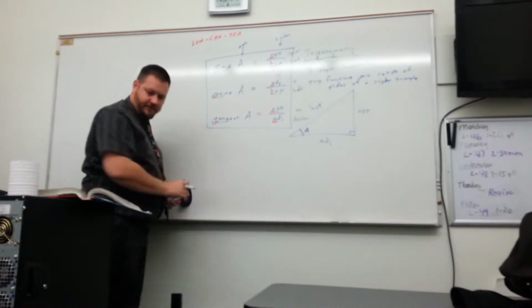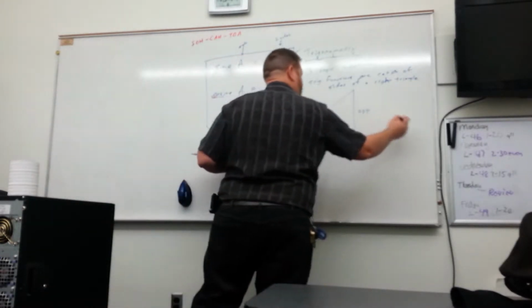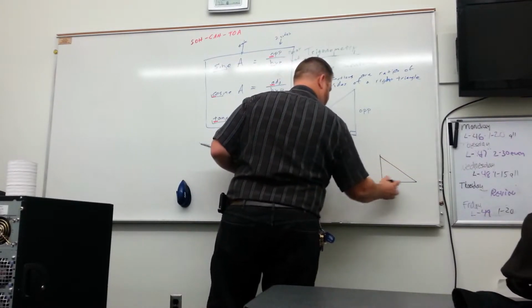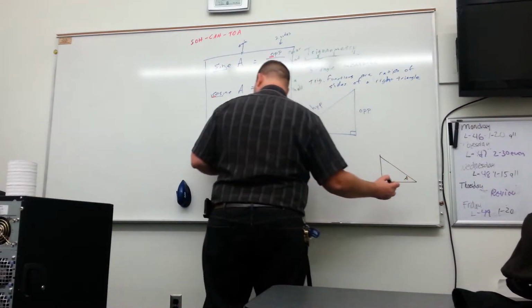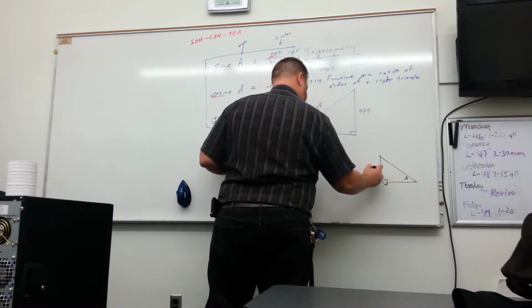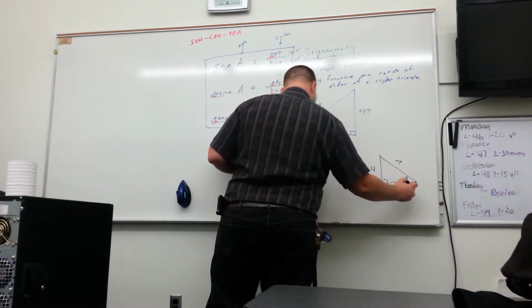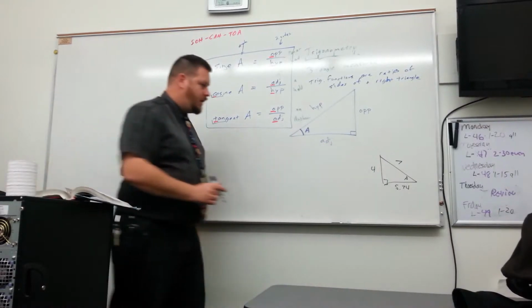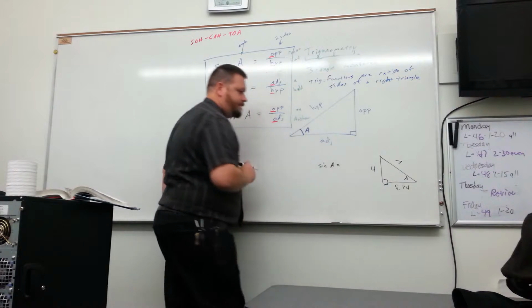All right, let's do some triangles here. Let's say we've got a right triangle with this angle A, and this side is 4, that side is 7, this side is 5.74. What is the sine of angle A?